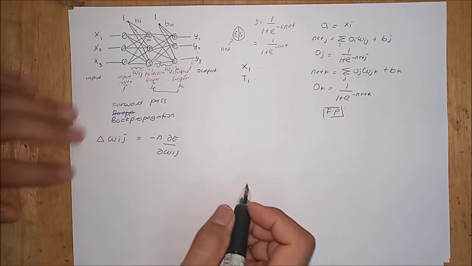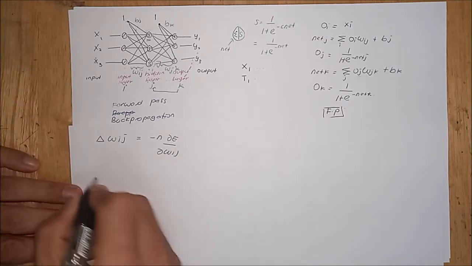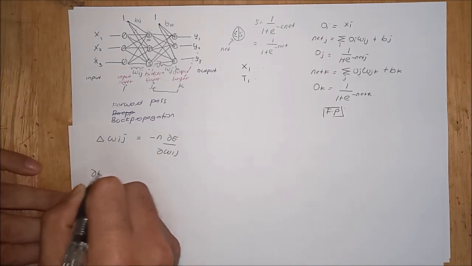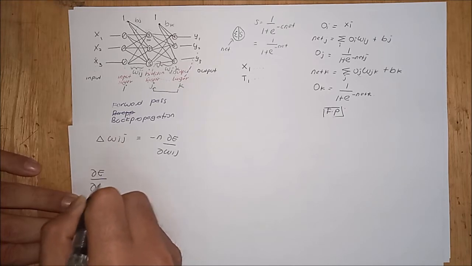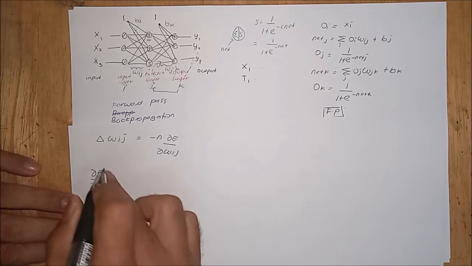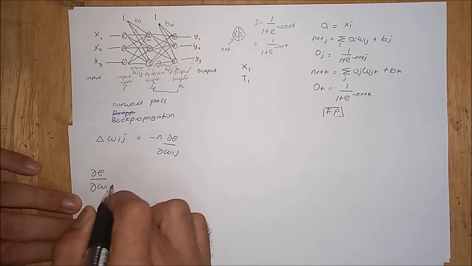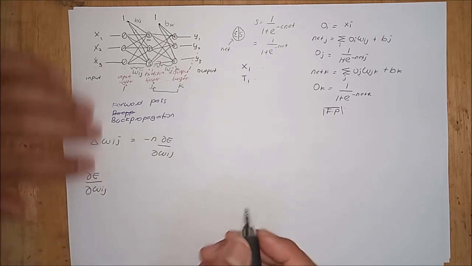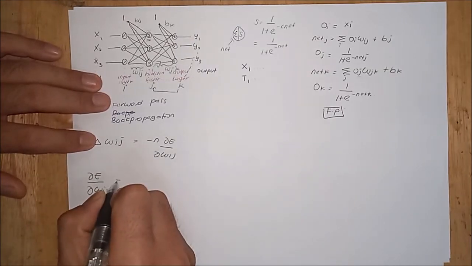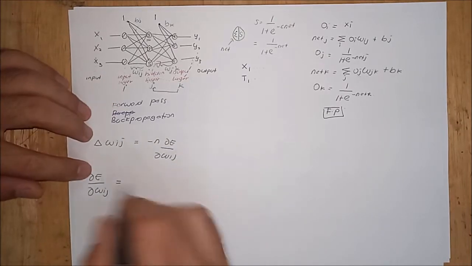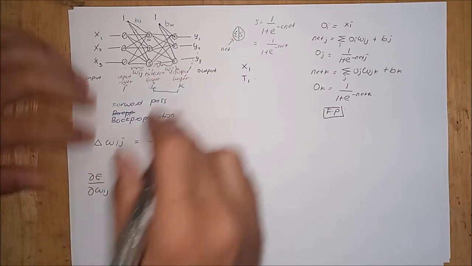Our first aim is to find dE, using the chain rule to find the relation between the error and Wij. So we use the same concept, dE over dWij.